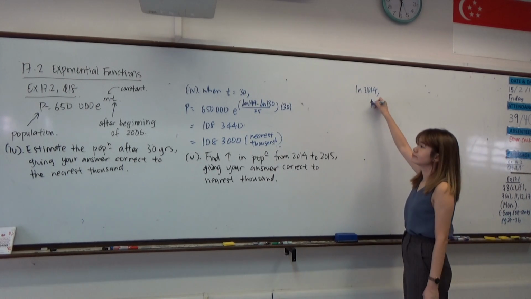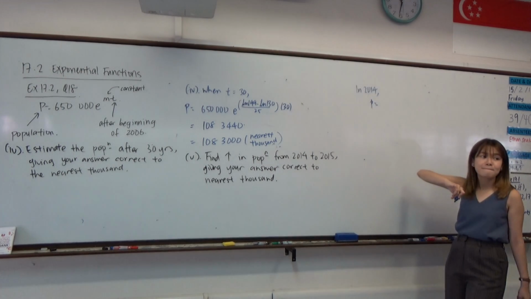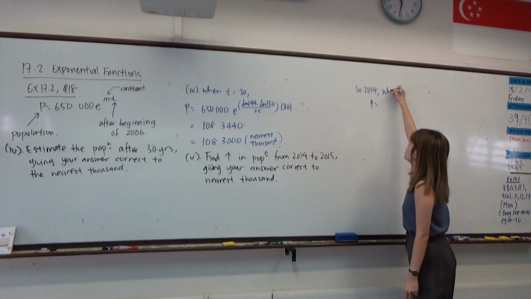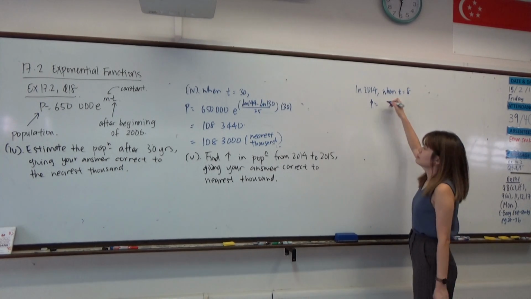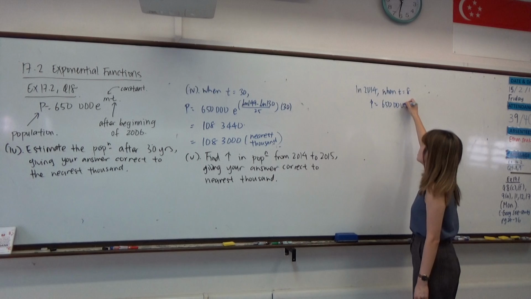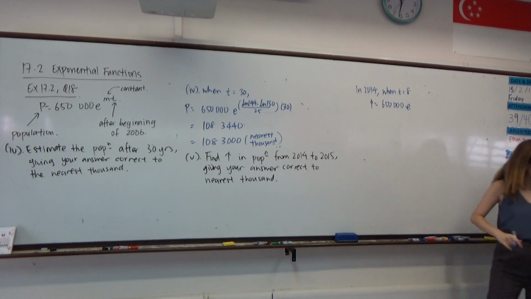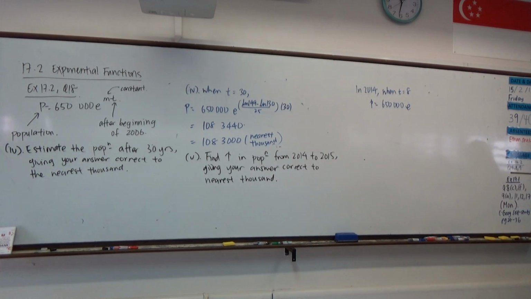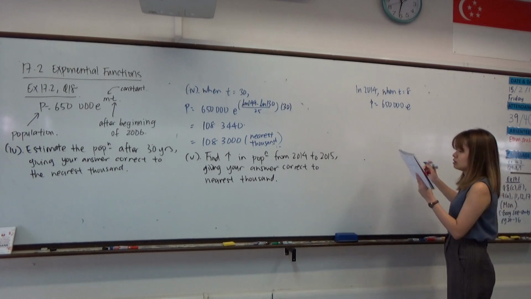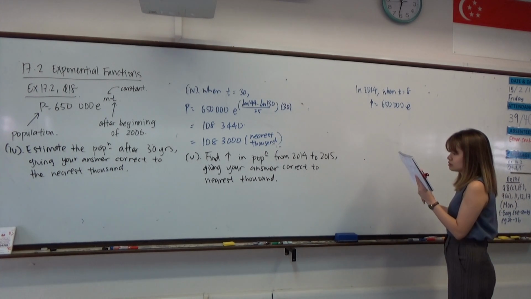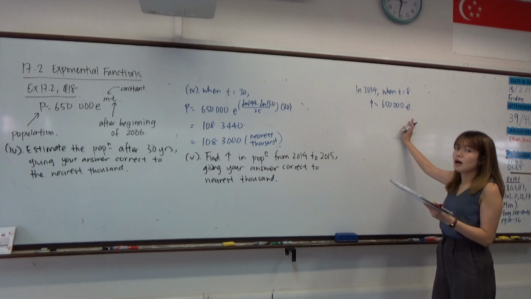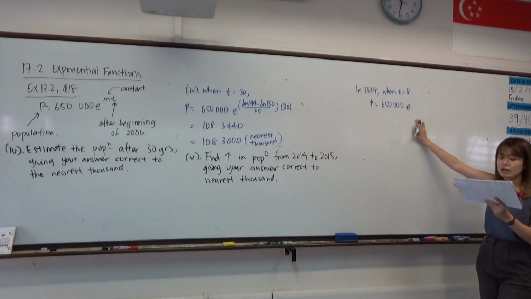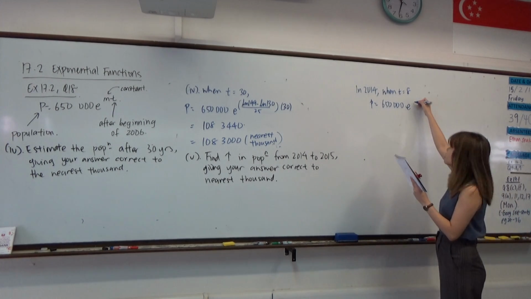So in 2014, how do we find the population? 14 minus 6, 8. t is equal to 8. So P will be equal to 650,000 e to the power of m, that would be ln 199 minus ln 130 over 25. Hang on, let's not substitute m inside, to keep things neat.